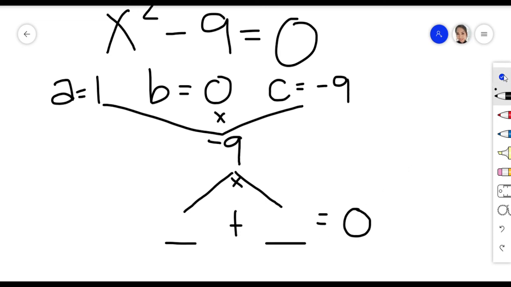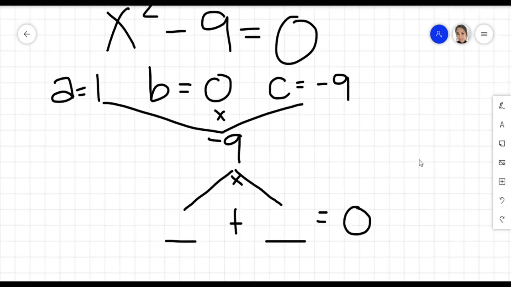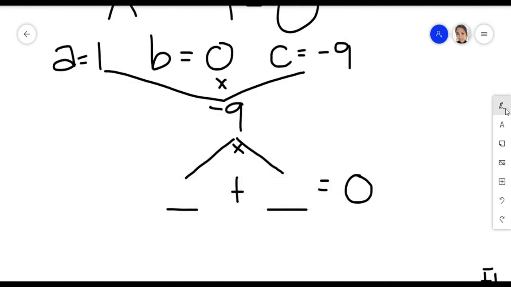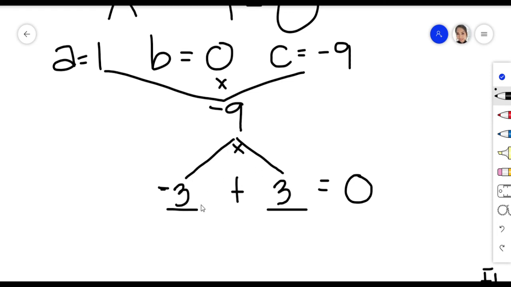Okay? Now, let's find these two numbers. The two numbers are obviously negative 3 and positive 3, because negative 3 times positive 3 is negative 9.